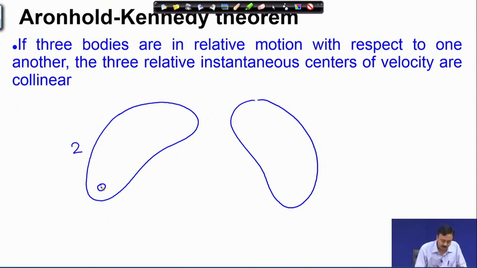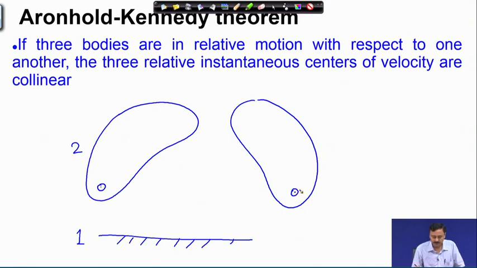So, this point is the relative instantaneous center of body 2 with the ground, which I call body 1, and let me assume that this is the relative instantaneous center of body 3 with respect to the ground. In other words, these 2 points are hinged to the ground at this instant of time.